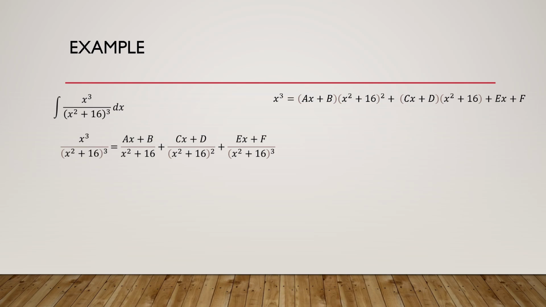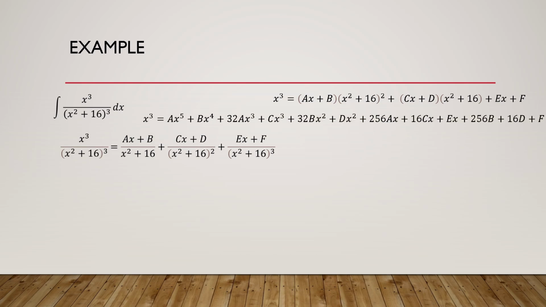When we complete the multiplication on the binomials, we get ax to the fifth plus bx to the fourth plus 32ax cubed plus cx cubed plus 32bx squared plus dx squared plus 256ax plus 16cx plus ex plus 256b plus 16d plus f.